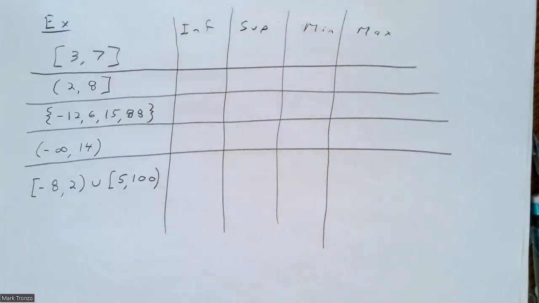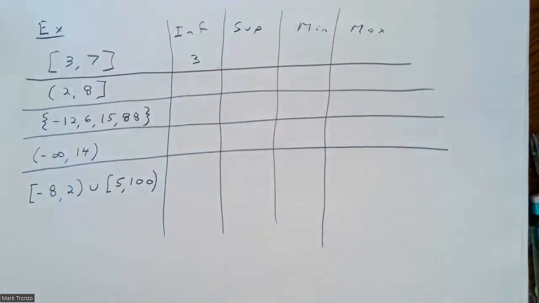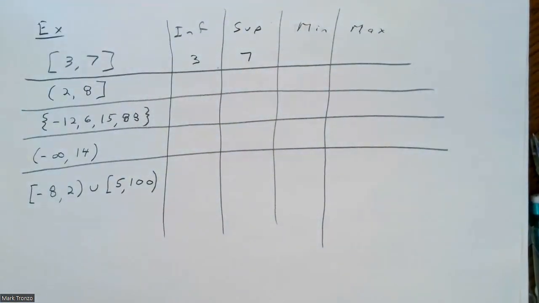So for the 3 to 7, what would be the inf? And the sup? And the min?